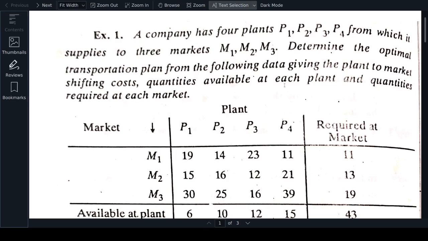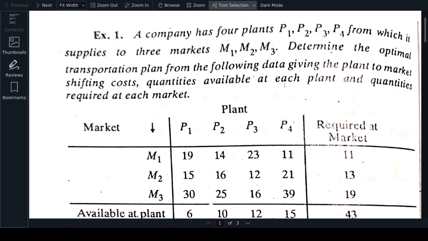So here you see, markets are given and plants are given. Markets are denoted by M1, M2, M3, and plants are P1, P2, P3, P4. In the given question, from market M1 to plant P1, cost is 19.